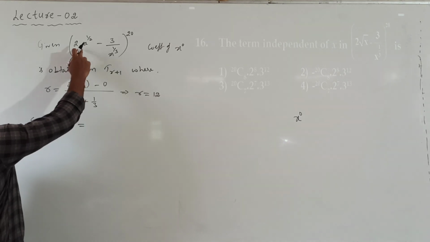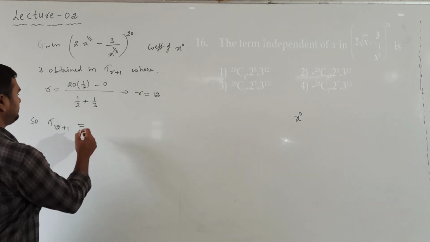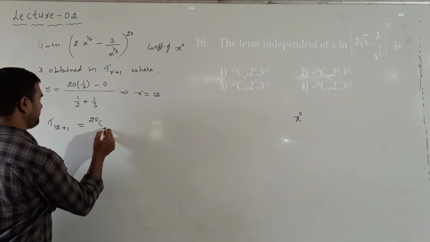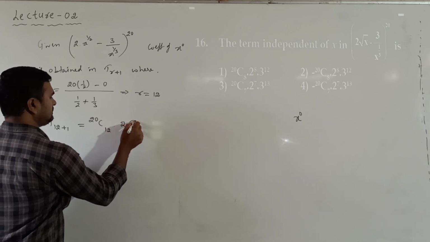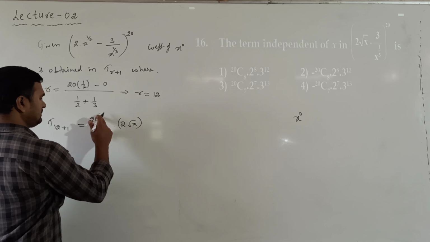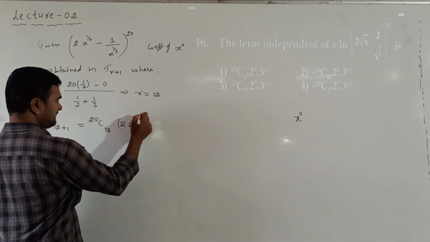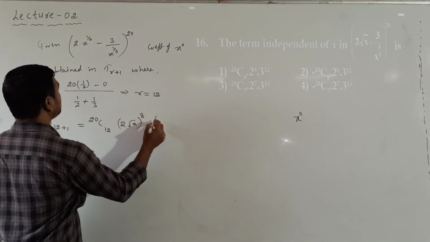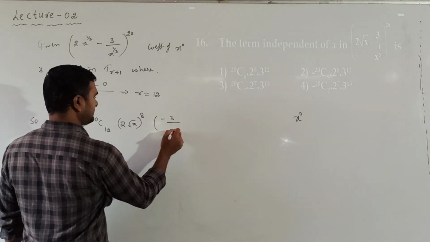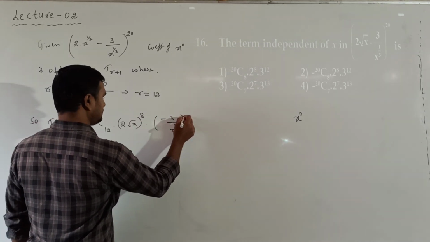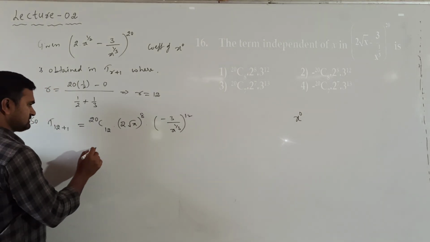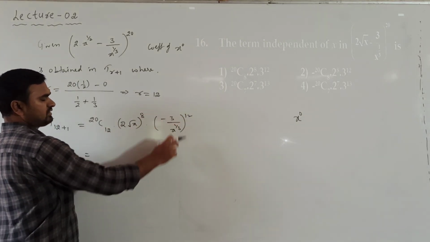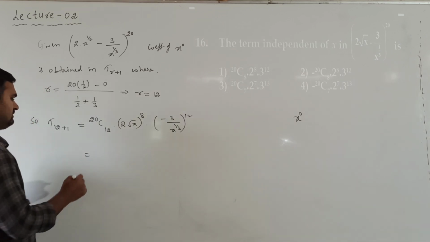T 12 plus 1. So this is T 12 plus 1, here 20C12, 2 into root x to the power of 12 minus, 20 minus 12 is 8, minus 3 divided by x to the power of 1 by 3, to the power of 12. So nCr is to the power of n minus r, by to the power of r. Simplify.